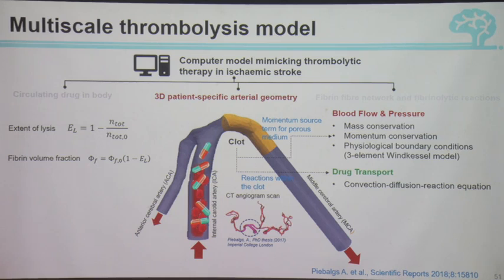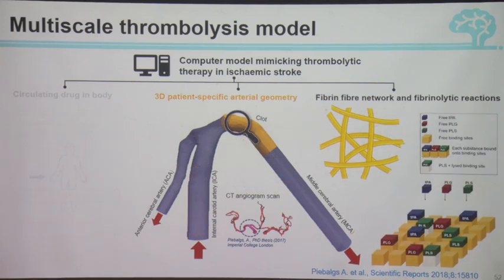So now, looking at this equation, these terms are obviously important, and these need to be solved. And how do we solve that? We need to look at the fibrinolytics, so looking closer into the clot. The fibrinolytics is quite a complex process.